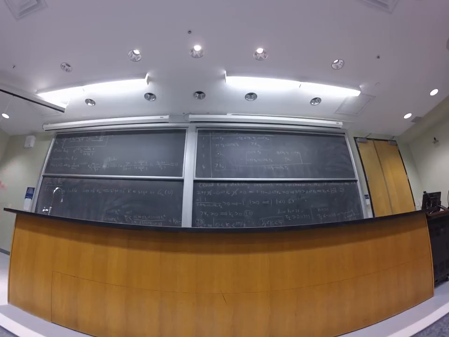What's the sign of GU of 0 in this example? GU of 0 is negative, right?